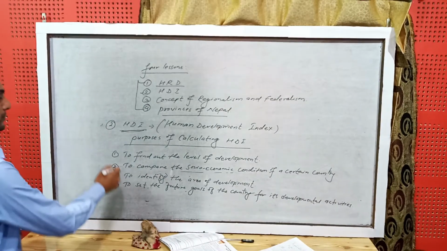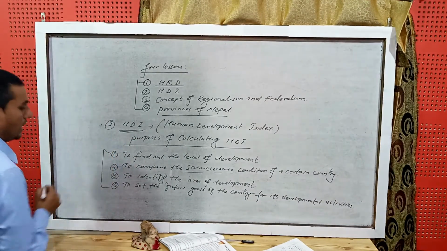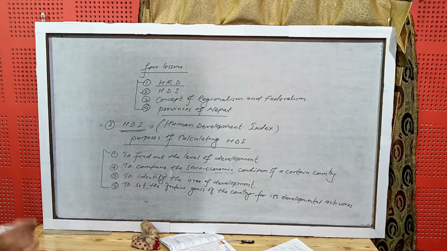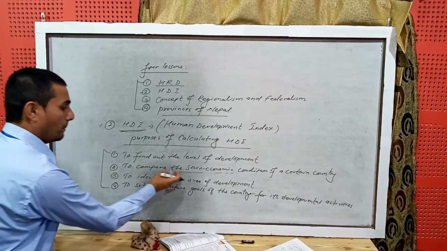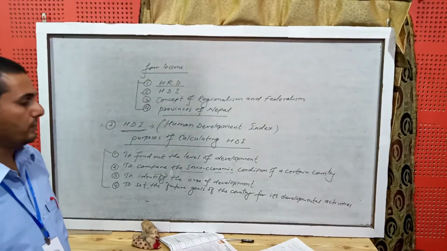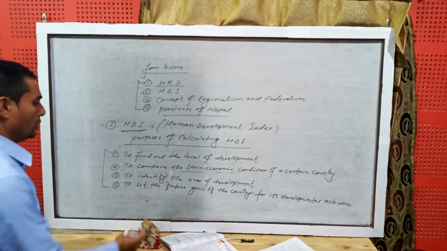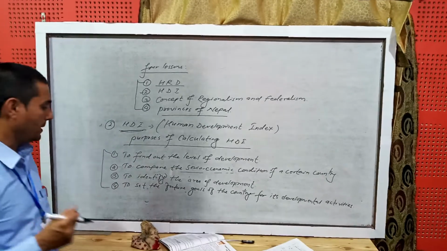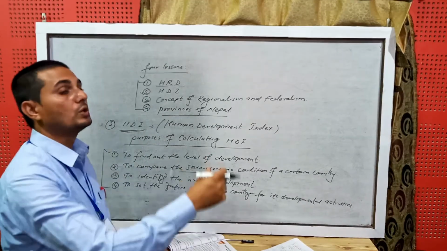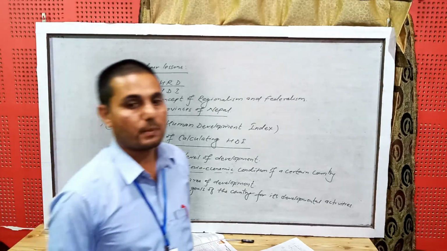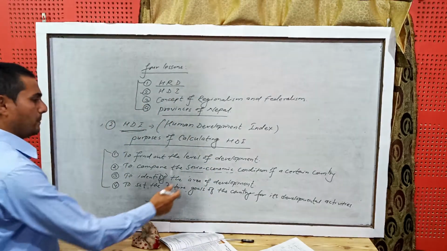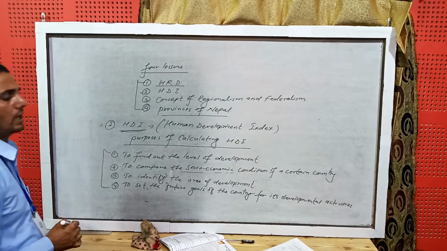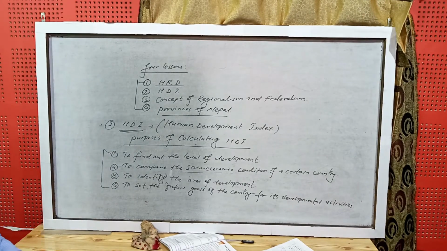These are some purposes of calculating HDI: to find out the level of development, to compare the socio-economic condition of a certain country, to identify the area of development, and to set the future goals of the country for its developmental activities.